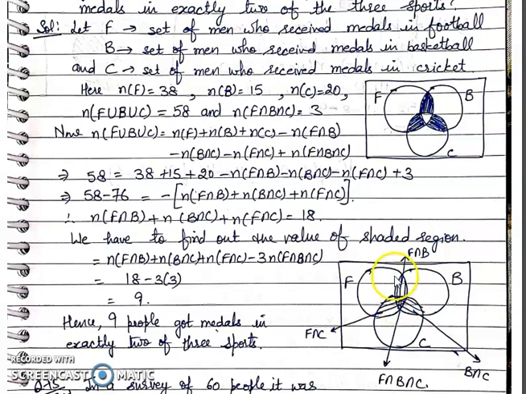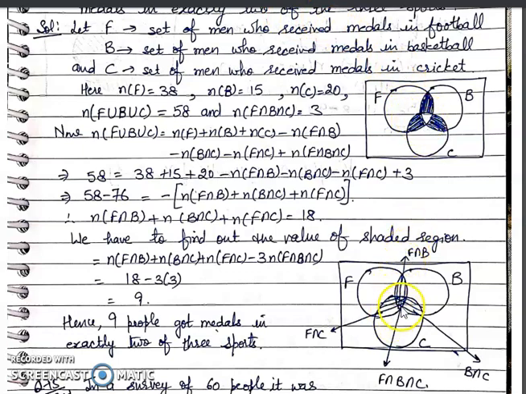If you see in the shaded region, I have stated it, I have used slant lines, then you see this common portion is common to all these three. It means this common portion is added 3 times, but we did not need it in this question. In this Venn diagram, we did not need this common portion because we need only the exact number of people who get awarded exactly 2, not 3.